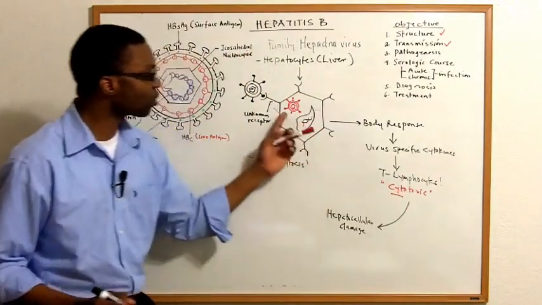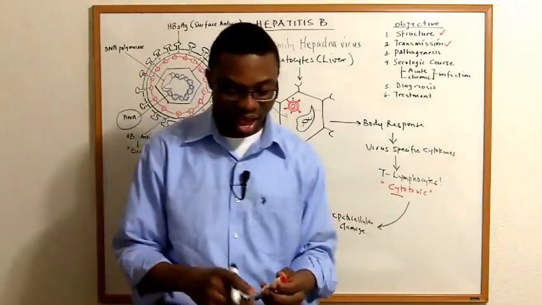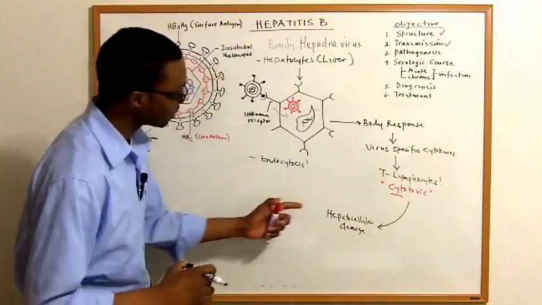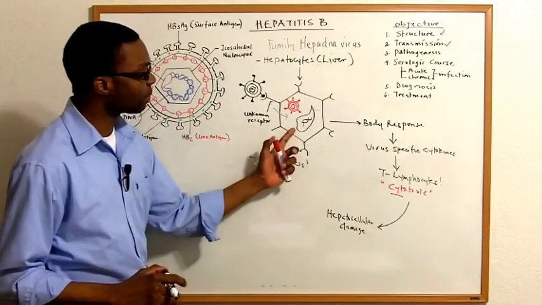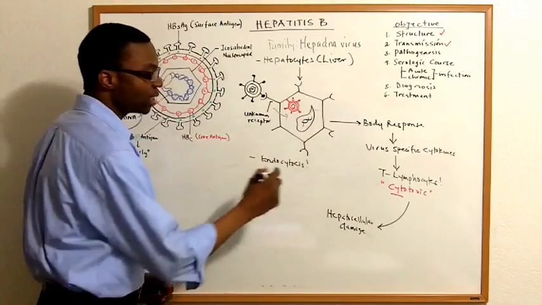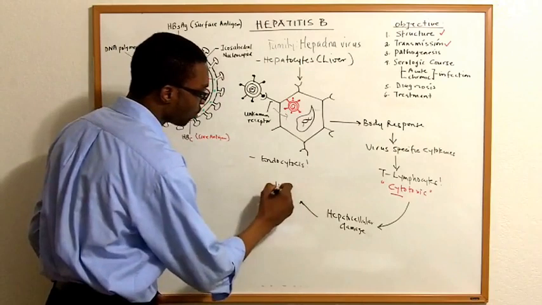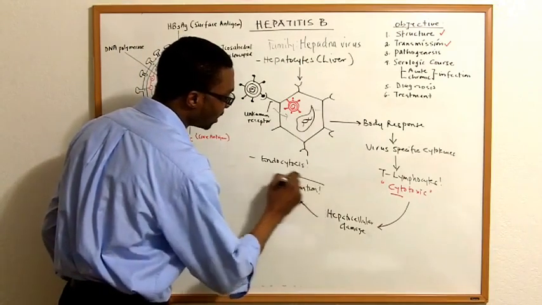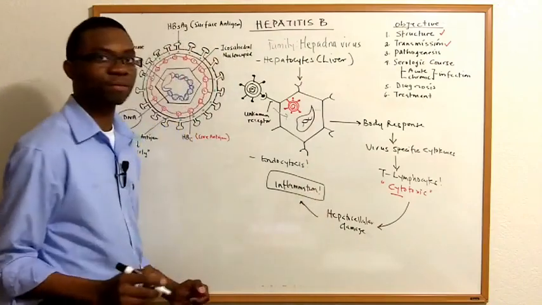Because the T cells are trying to what? Kill the virus inside the cells. So as we're trying to clear the virus, the hepatocytes are also getting destroyed. When they get destroyed, that process is the inflammation that's going on inside the cell.